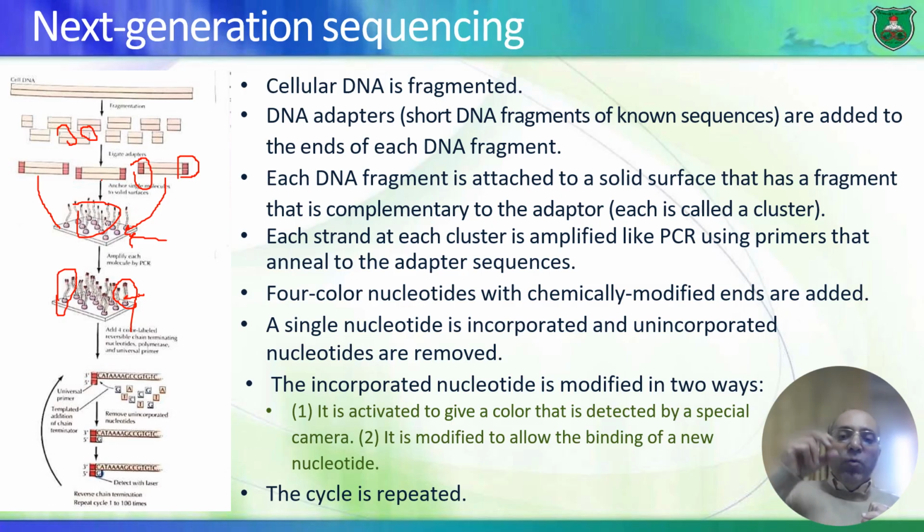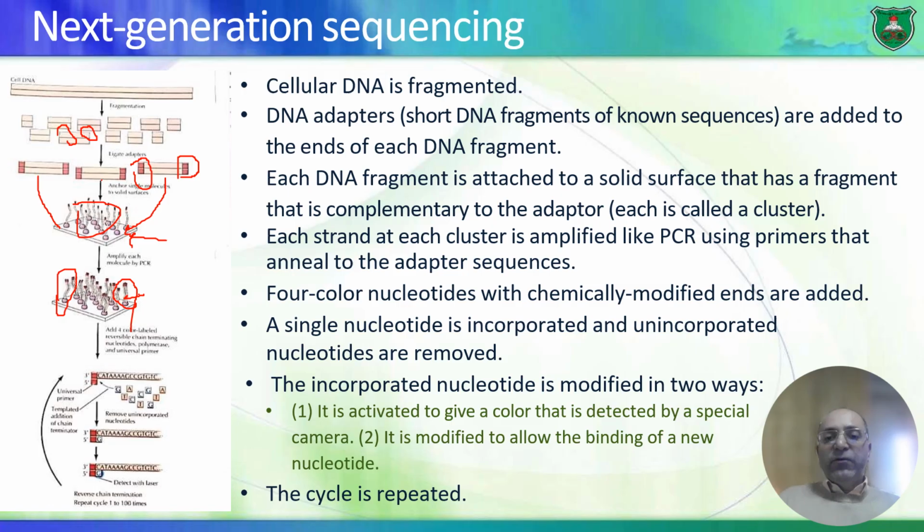One, when they are added, the DNA polymerase cannot add the following nucleotide until the added nucleotide is modified. Then the DNA polymerase can add the following nucleotide. Two, the nucleotide gets activated and it gives a fluorescence.